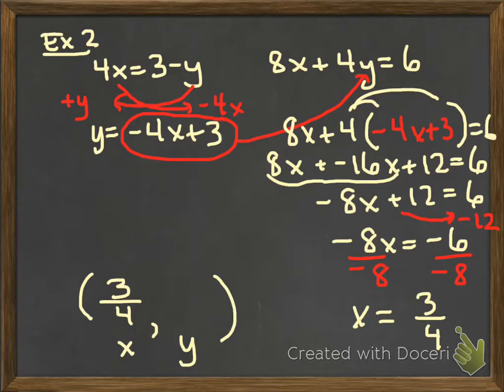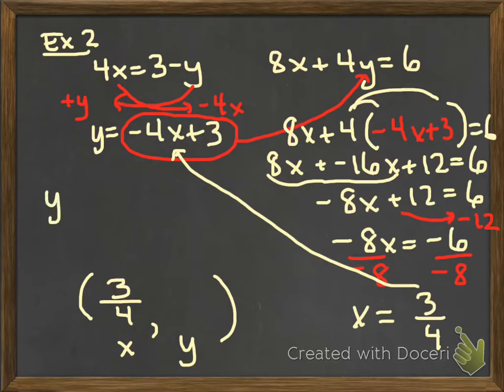So you go back to what you circled, which is the negative 4x plus 3, and you're going to take the answer you got for x, which is 3/4, and plug it back in over there. Now we can find out what y equals because we know what x equals.